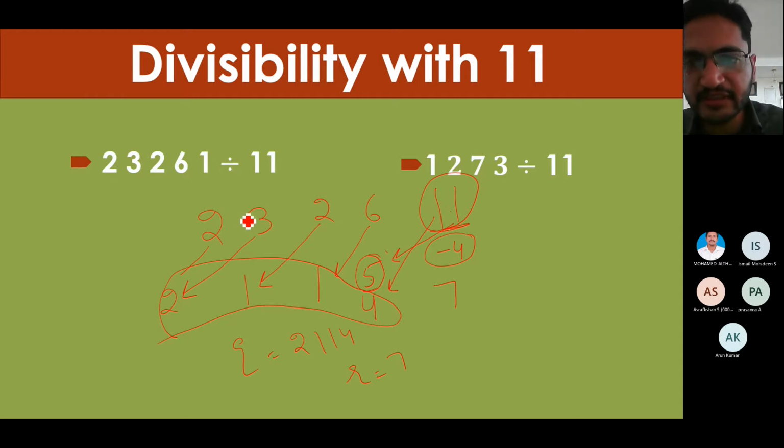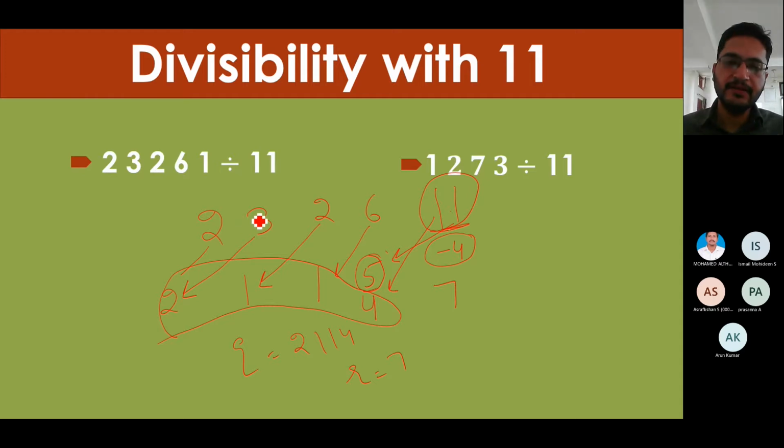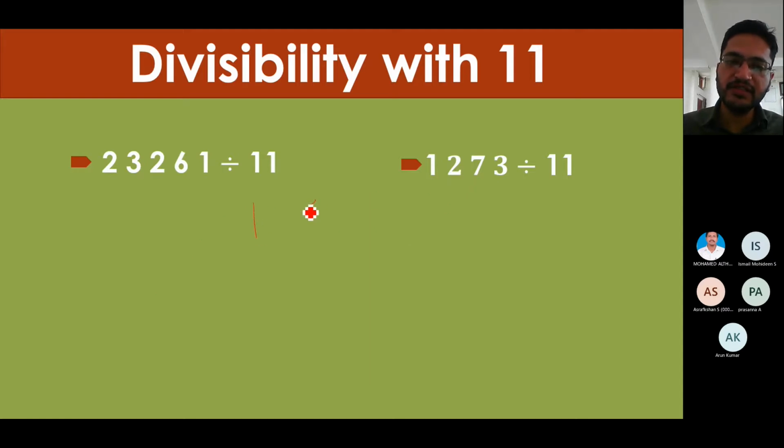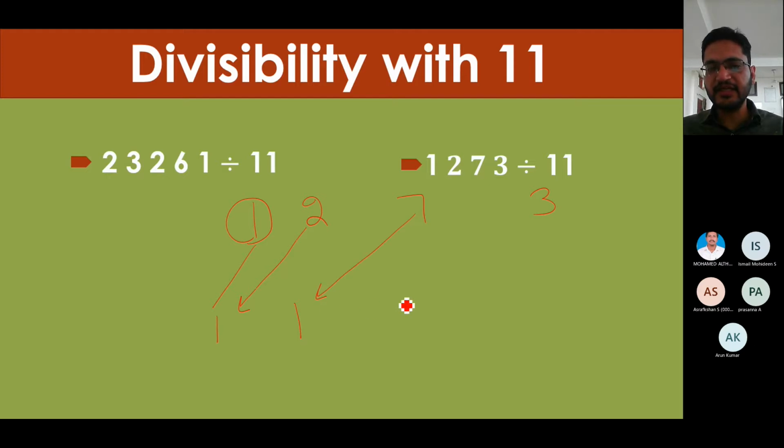I will try to clear this step again with one more example. Now the next question is 1273. Now I will write this one as it is. 2 minus 1, that is 1. 7 minus 1, that is 6. Now 3 minus 6, here we are getting a negative number.